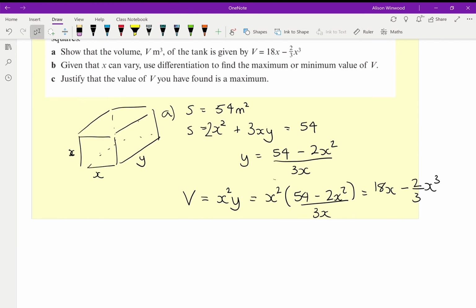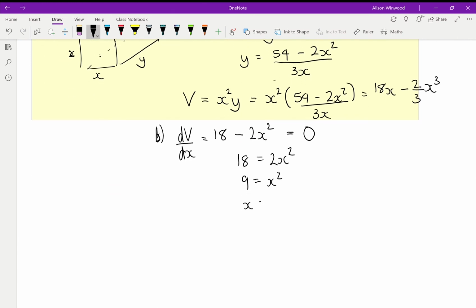To then find the max or min, for maximum or minimum we always differentiate. So when we differentiate 18x we get 18. When we differentiate negative 2/3 x cubed we get negative 2x squared. That needs to equal 0. So 18 equals 2x squared. So 9 equals x squared.